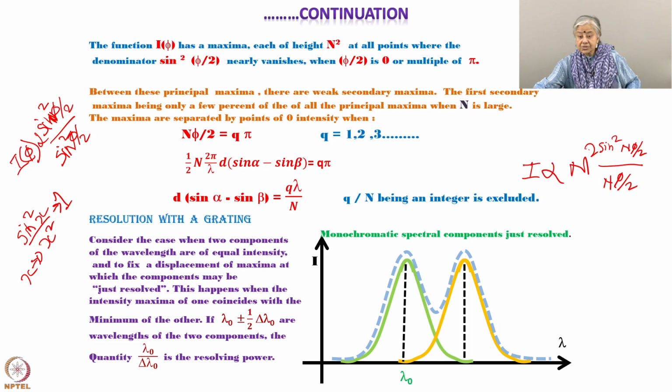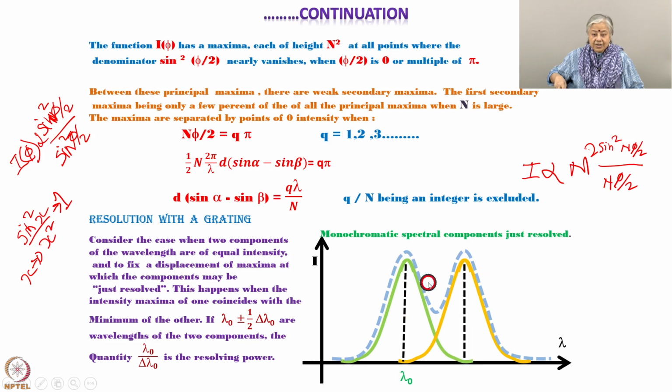Okay. So, suppose I have these two lines. This is a green, I have just shown it in green, it need not be green, and yellow line. This is the wavelength, and this is of course the intensity of each of these wavelengths. So, this is one wavelength shown by green, this is the next wavelength shown in yellow, and these two are very close to each other.